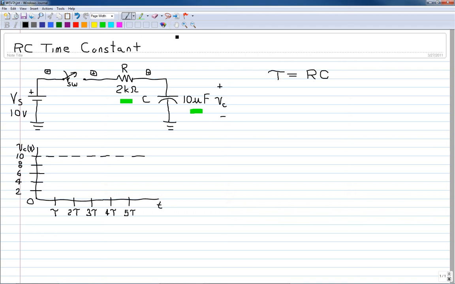The time constant, tau, is equal to RC for a resistor capacitor network.